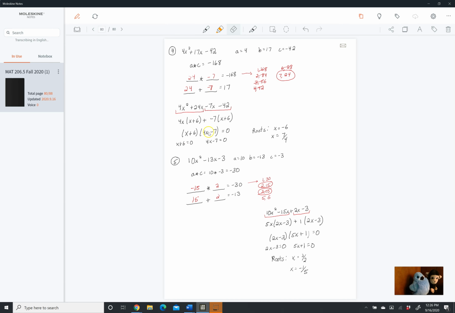Okay, just a little bit longer. This is to solve by factoring. The problem is that this could be very quick, okay, especially if you're really good at figuring out your factors. But not every quadratic is factorable.